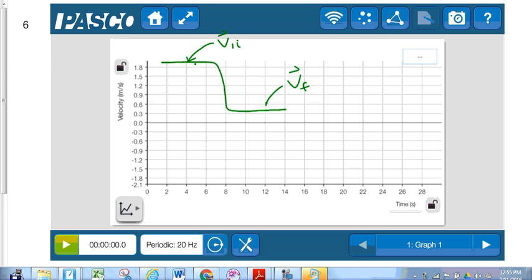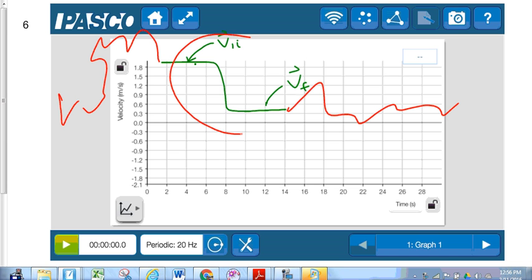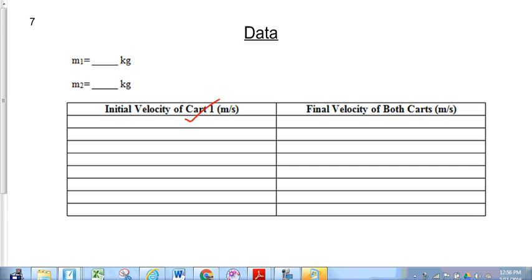Now, realistically, your data won't look nearly this pretty. Data points are going to be, in some cases, all over the place. Might see something up over here, crazy over there, something over here, whatever. You want to see this shape, more or less, somewhere in the middle of your data. If you see that shape and you can clearly identify a VI and a VF, then I want you to write down the value of VI and VF.